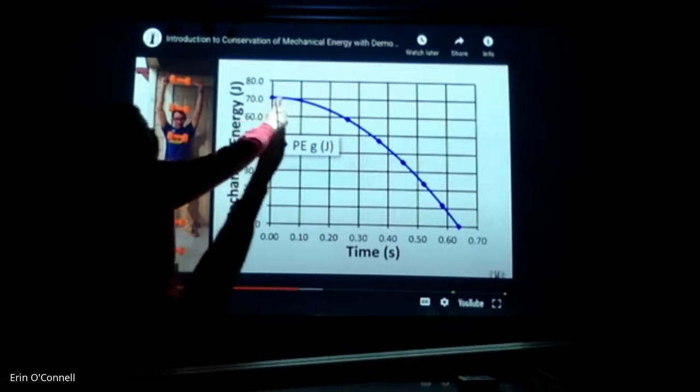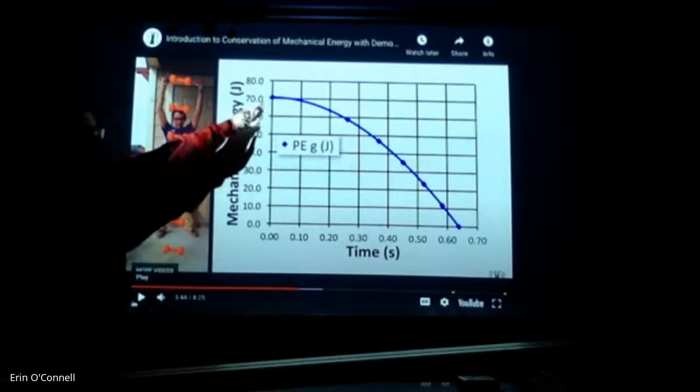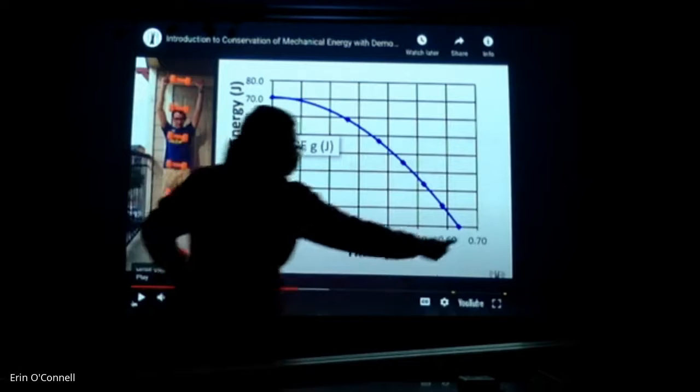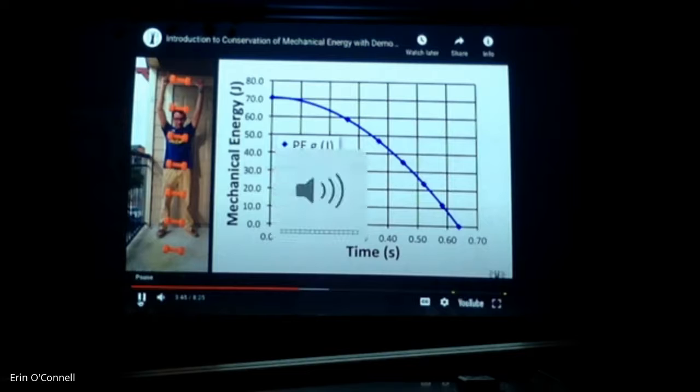This is the gravitational potential energy as a function of time. We start at a height, when we're at the highest above the ground, we have the most potential energy. When we hit the ground, we'll have the least amount of potential energy, as we expect. Clearly, the gravitational potential energy of the object decreases as the height of the object decreases.